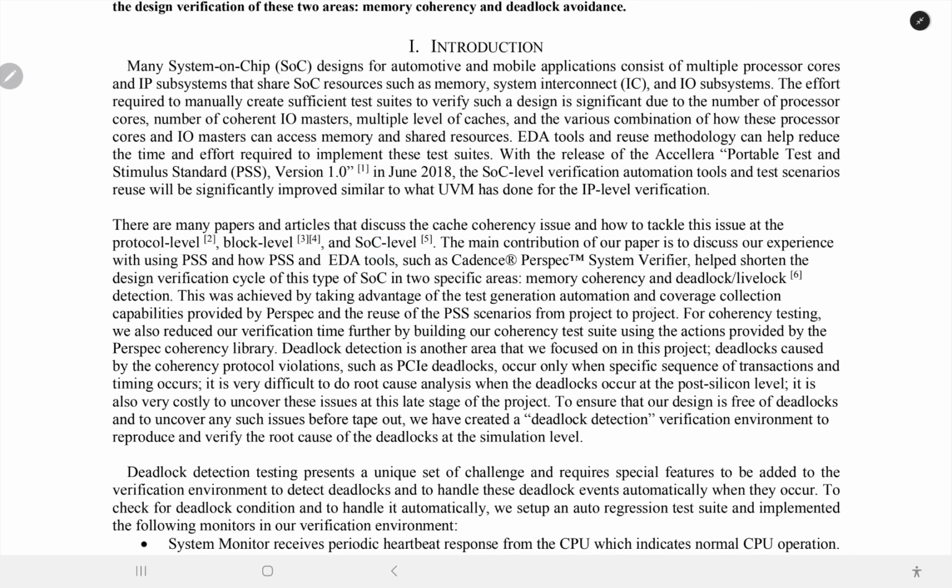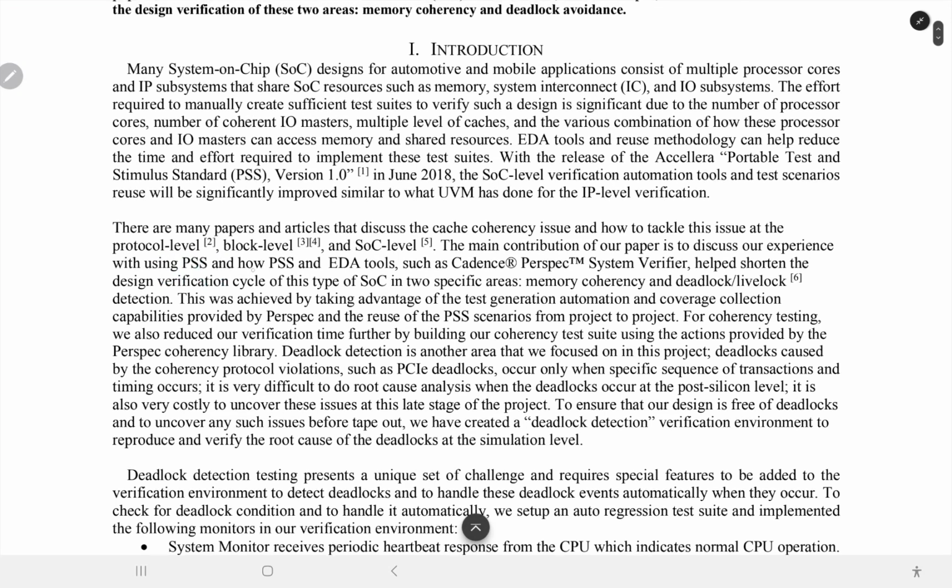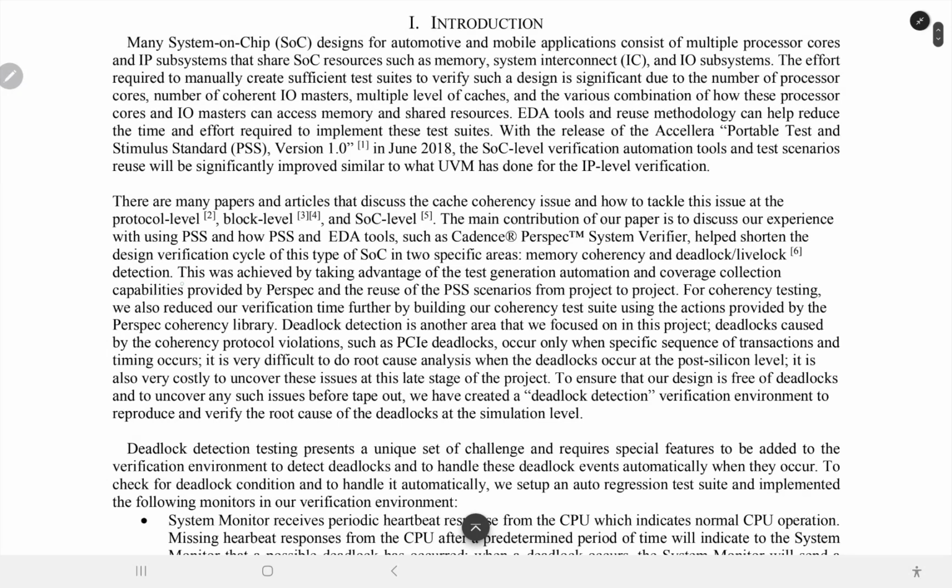The main contribution of our paper is to discuss our experience with using PSS and how PSS and EDA tools, such as the Cadence Perspec System Verifier, help to shorten the design verification cycle of this type of SoC in two specific areas: memory coherency, and deadlock and livelock detection. This was achieved by taking advantage of the test generation automation and coverage collection capabilities provided by Perspec, and the reuse of PSS scenarios from project to project.